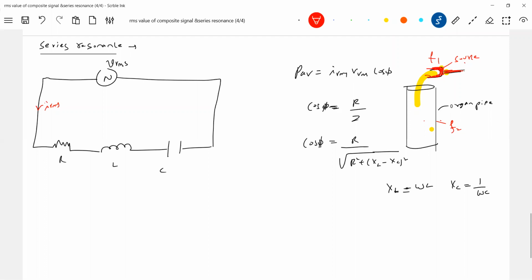How are voltage and current related here? I'll first show the current. They're in series, so it has zero phase. Across the resistor, voltage and current are in phase. Across the inductor, the current lags the voltage, so we show VL like this. Across the capacitor, the current leads the voltage.